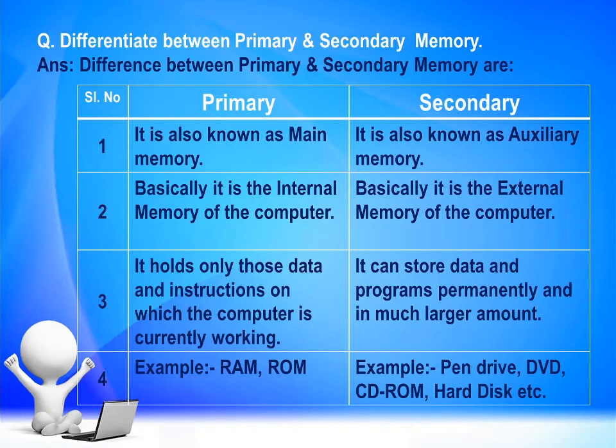Third point, primary memory holds only those data and instructions on which the computer is currently working, whereas secondary memory can store data and programs permanently and in much larger amount. Fourth point is the example. Examples of primary memory are RAM, ROM, and examples of secondary memory are pen drive, DVD, CD-ROM, hard disk, etc.